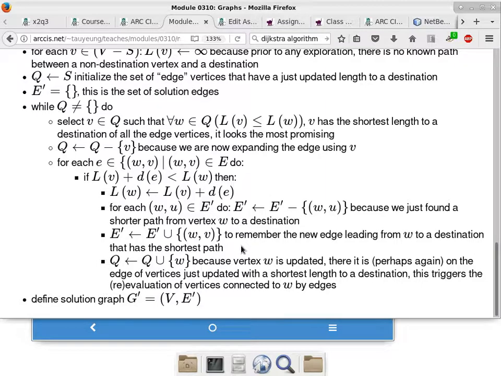Because every single time before we do this, we perform this loop here. We remove everything in E prime that starts from W, and then we replace it with a single edge. So that guarantees that when we're all done, E prime can only have up to one single edge from any vertex. There can only be up to one edge coming out of it.